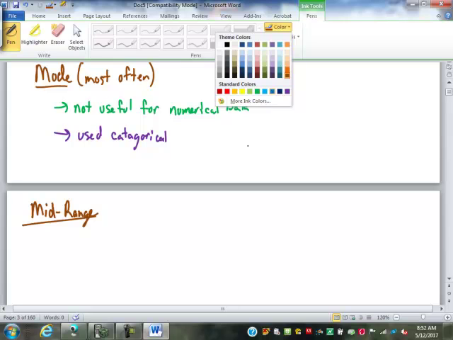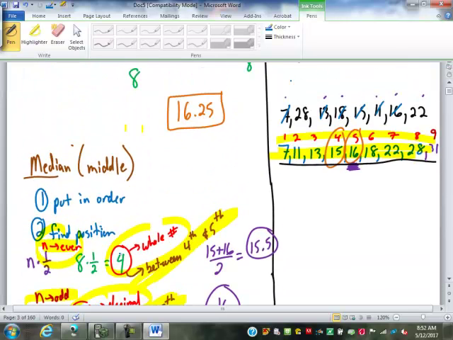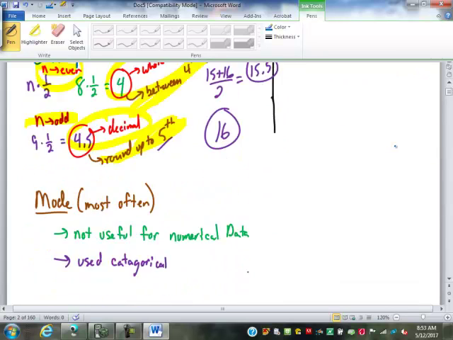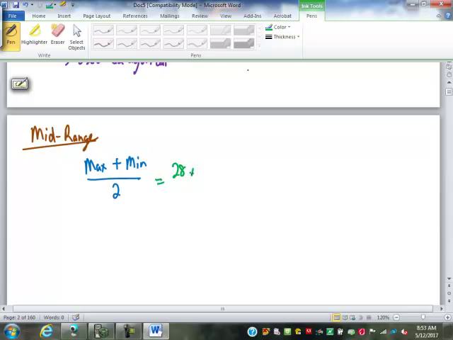What the mid-range requires us to do is to take the largest number, called the max, add the smallest number, called the minimum, and divide by 2. So for our data here, the smallest number was 7, and I'm just going back to the original 8. The largest number was 28. So we would have 28 plus 7, which is 35, divided by 2 gives me a 17.5 for the mid-range.